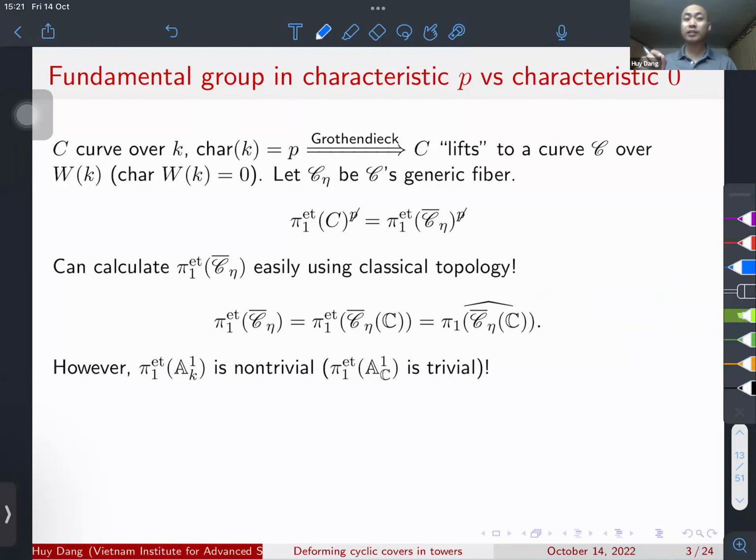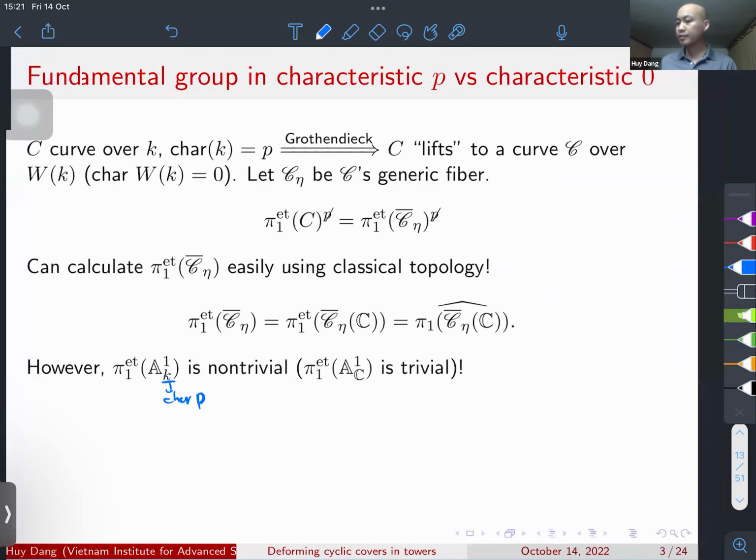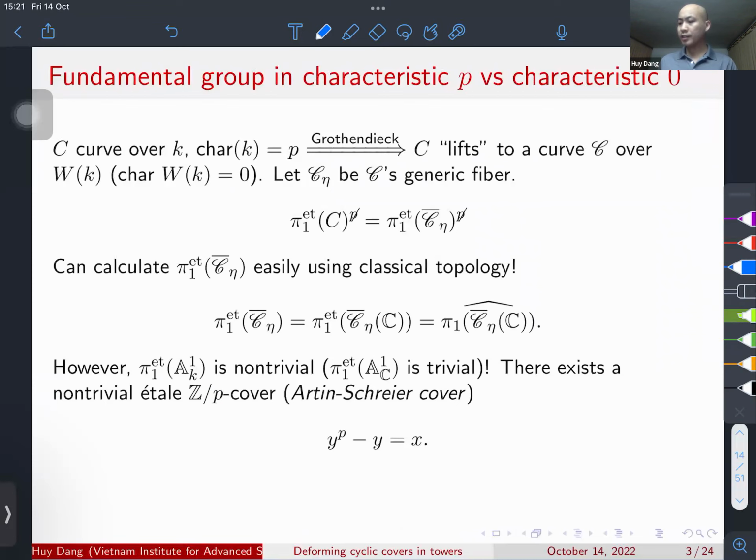However, the p part is different. For instance, the étale fundamental group of the affine line in characteristic p is non-trivial, even though the one over the complex numbers in characteristic 0 is trivial, because it is contractible. The reason is there exists a non-trivial étale Z/p cover given by the equation over here.